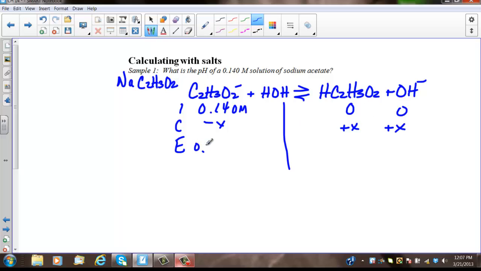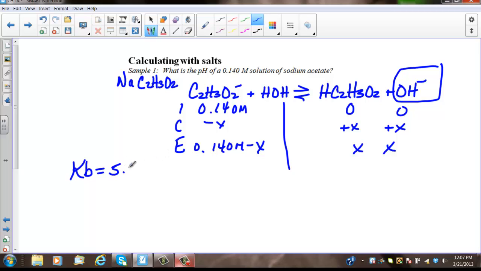So 0.14 minus x, x, x. So we're dealing with a basic solution here. So we have to remember that we're no longer dealing with Ka but with Kb. The Kb is equal to 5.56 times 10 to the negative 10.